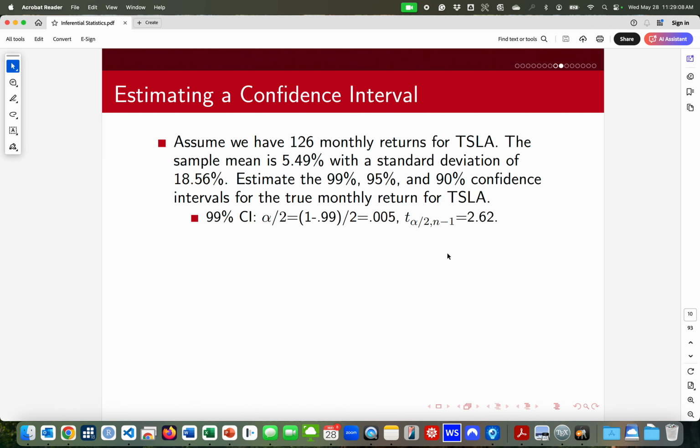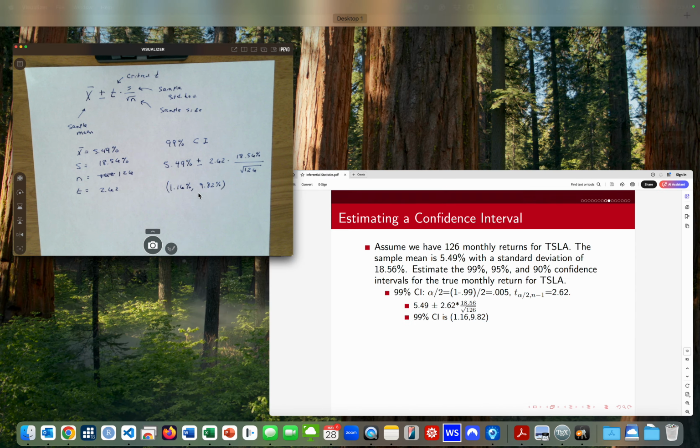And if we plug all those numbers in and do the math, I'm not going to do it by hand here. I already have the answer. We get 1.16 to 9.82. So we get 1.16%, to 9.82%. Right.